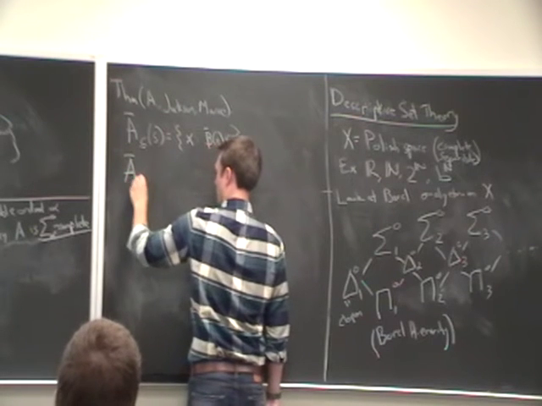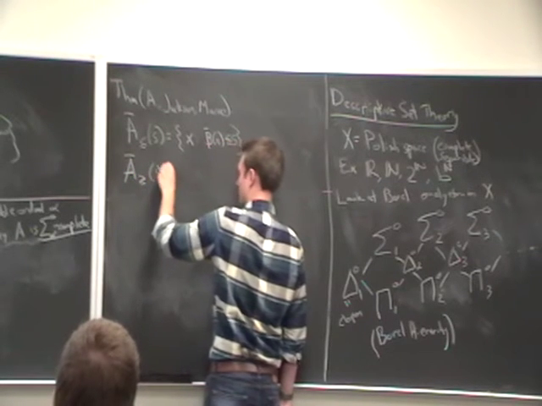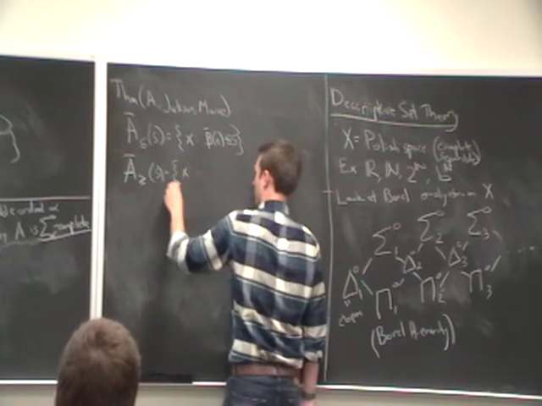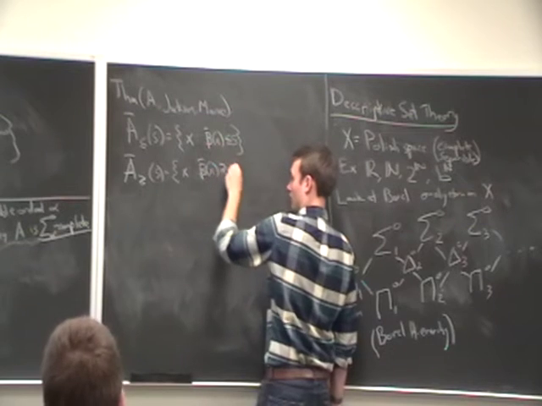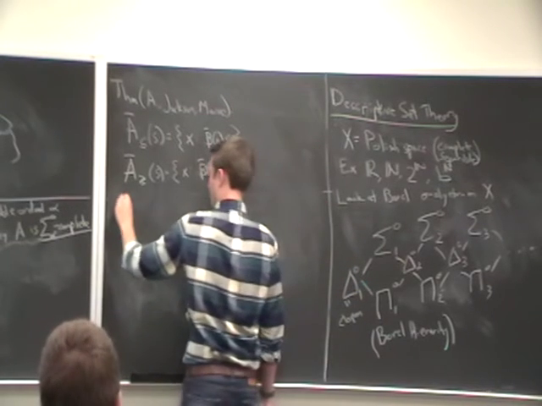Similarly, we define A-upper-greater-than-or-equal-to-s as the set of x such that the upper noise is greater than or equal to s.